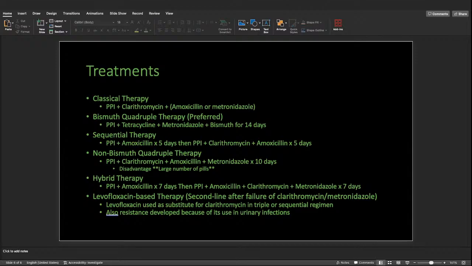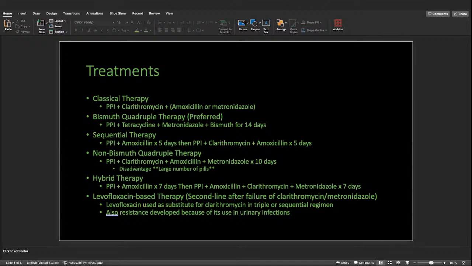In the early times, they used the classical therapy, which is typically a triple regimen consisting of a PPI or proton pump inhibitor, like omeprazole or esomeprazole, and then they add clarithromycin and amoxicillin or metronidazole.